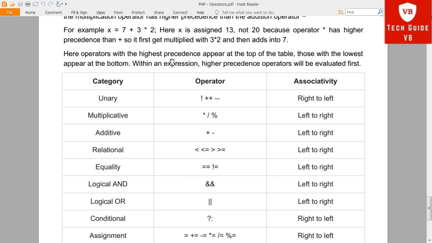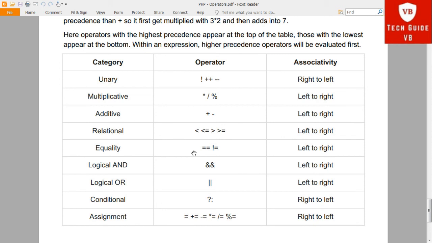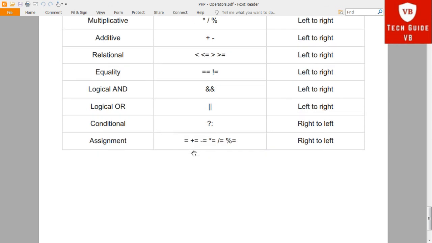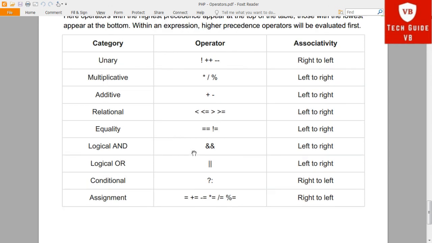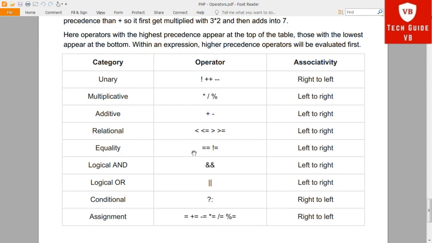So in this way the operator precedence goes from top to bottom. That you have to understand here. So according to the precedence you will do the operations using these operators.